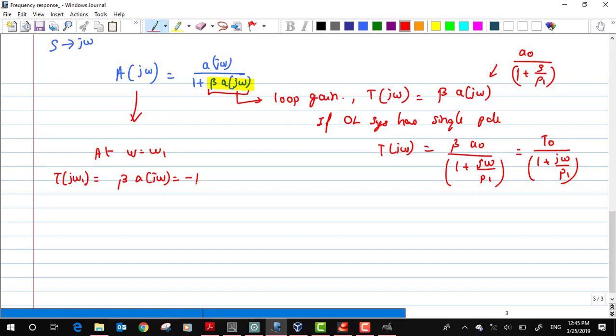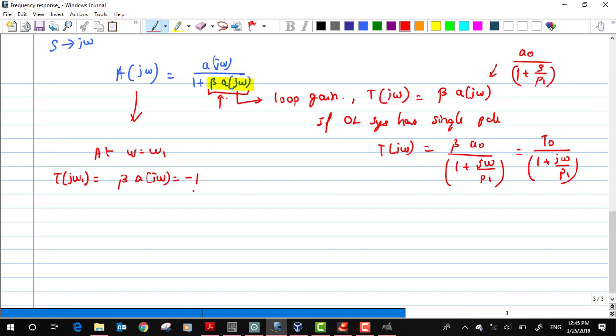What does it imply, and what happens to my gain at that particular frequency? When I plug in this value, I will have A of j omega over 1 divided by a 0. So what would happen? There is an infinite closed loop gain, which means that the system goes out of stability.